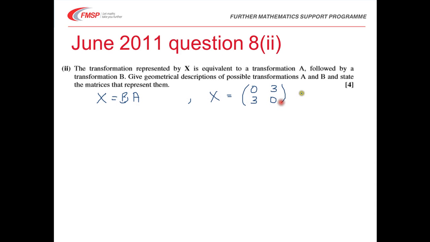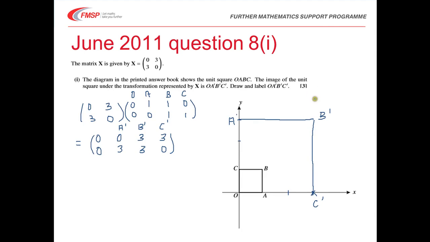And we saw what happened. We saw that there was some sort of an enlargement taking place, and hopefully we also saw, if we just look back at the last slide, that A was on the x-axis and A dash was on the y-axis, and C started on the y-axis and ended up on the x-axis.